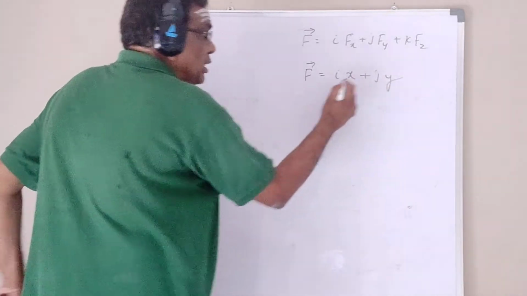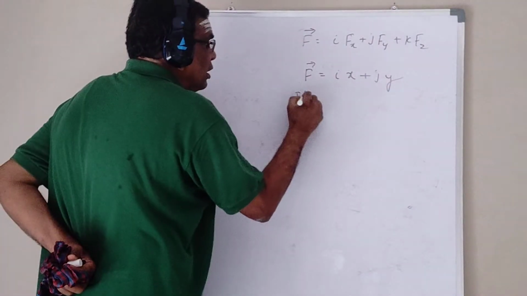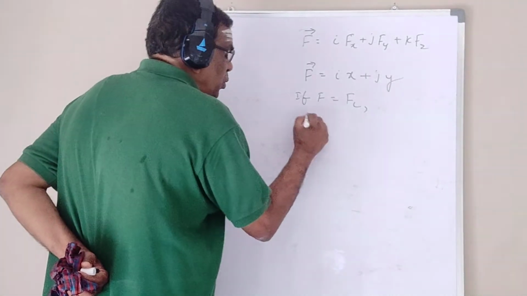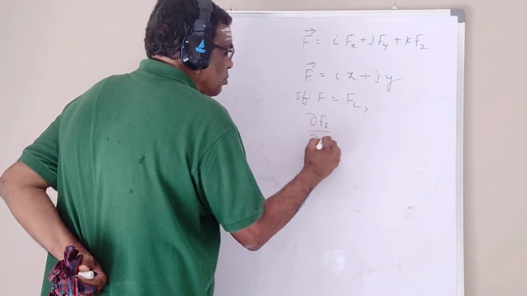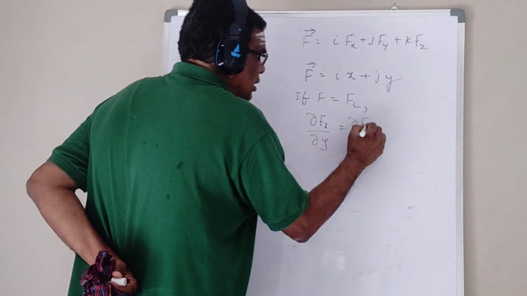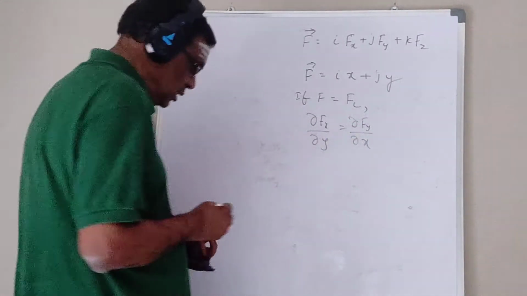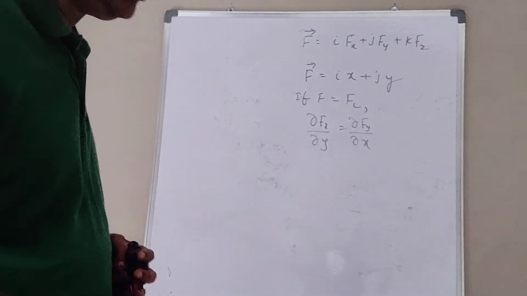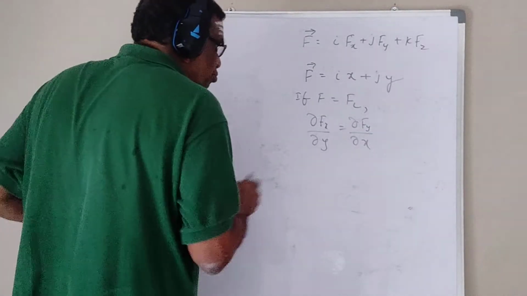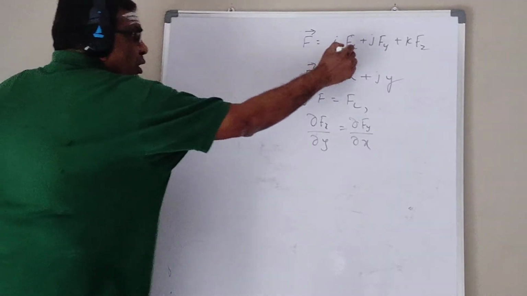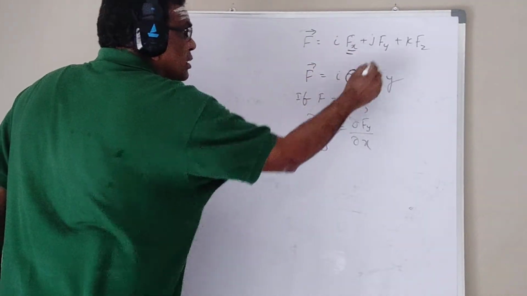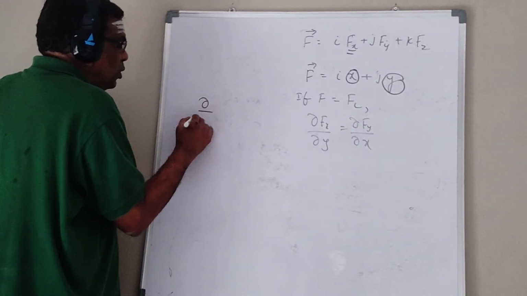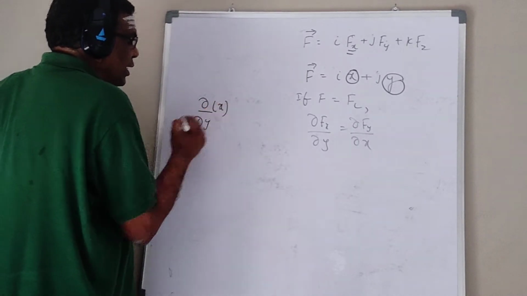So it is in x and y. If F is conservative, then what you should prove? Dou Fx by dou y is dou Fy by dou x. This is the thing that I have been telling you. Okay? Now, how do we take it? What is Fx here? x. What is Fy? y. So, dou by dou y of x.